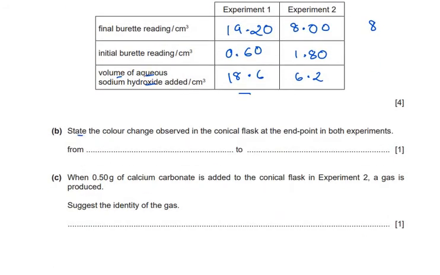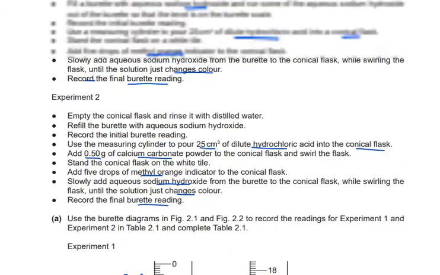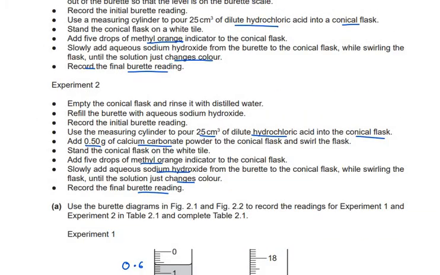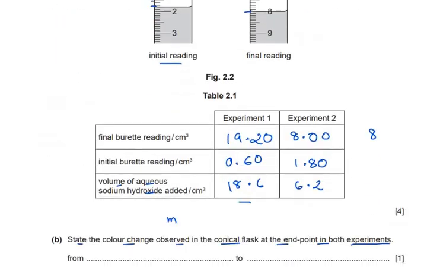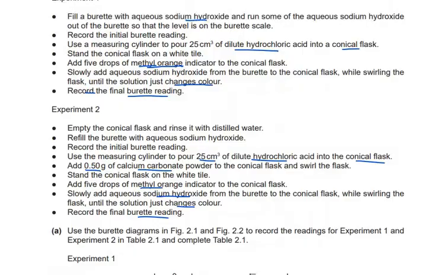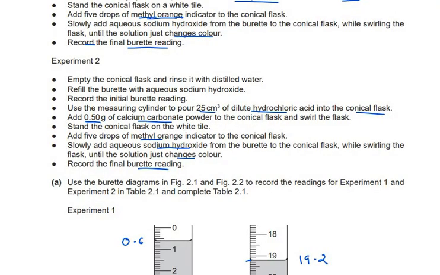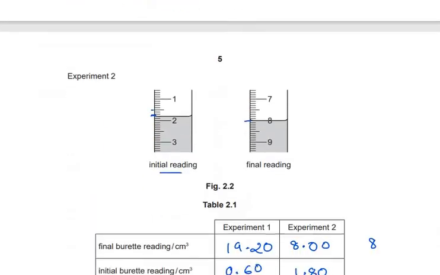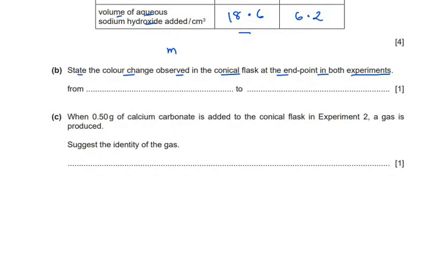Okay, state the color change observed in the conical flask at the end in both experiments. Methyl orange is the indicator used. In the conical flask we have taken hydrochloric acid, and methyl orange is first added to the acid.